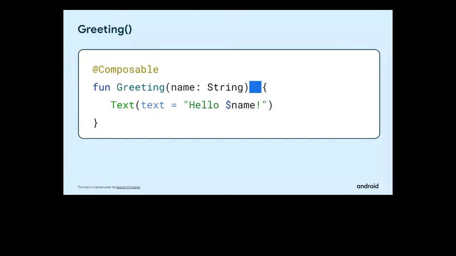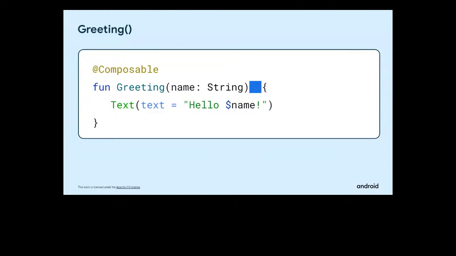You cannot explicitly define a return type for composable functions. Then within the curly brackets, the scope of the function, as we call it, we allow Compose to generate UI elements. Here we are generating a text element that will be placed somewhere on the screen.